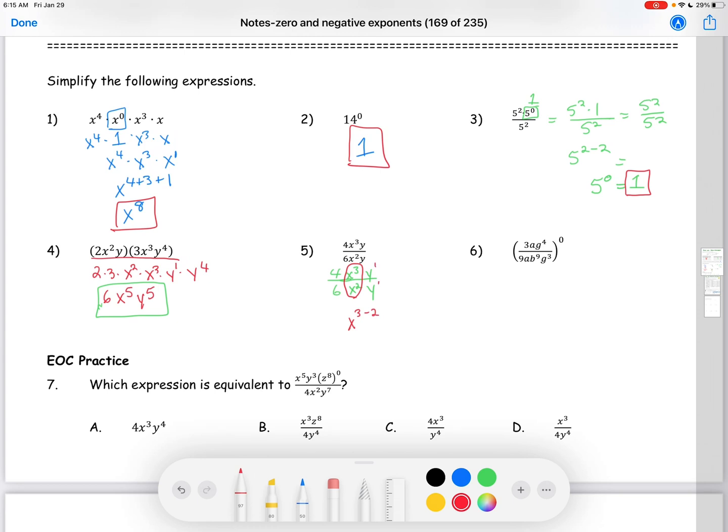And then y to the 1 is y to the 1 minus 1. And we're going to work with the 4 over 6 in a second. Now, 3 minus 2 we know is 1, so that's just x. And y to the 1 minus 1 is y to the 0, which we know is what? 1. So 4 over 6, when we simplify that, 2 goes into 4 and 6, so that's 2 over 3. And that's our final answer. Well, actually, no, it's not. Our final answer is 2/3 x.